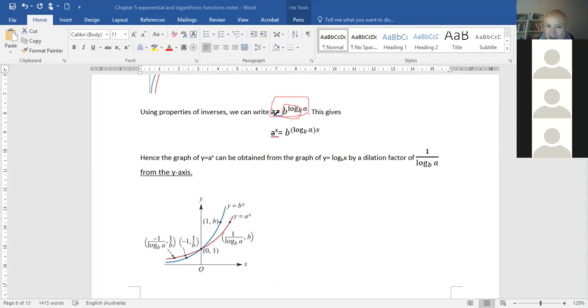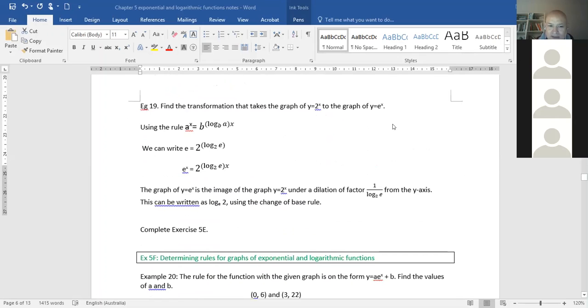Okay, 1 times a is a. Now, I'm going to put it to the power of x. So I get a to the power of x equals b to the power of (log b of a times x). And therefore, this graph can be obtained from this one by doing this dilation factor from the y-axis. Now here's how we're going to use this one. Okay, so I'm highlighting these because I'm pointing them out on purpose for you.